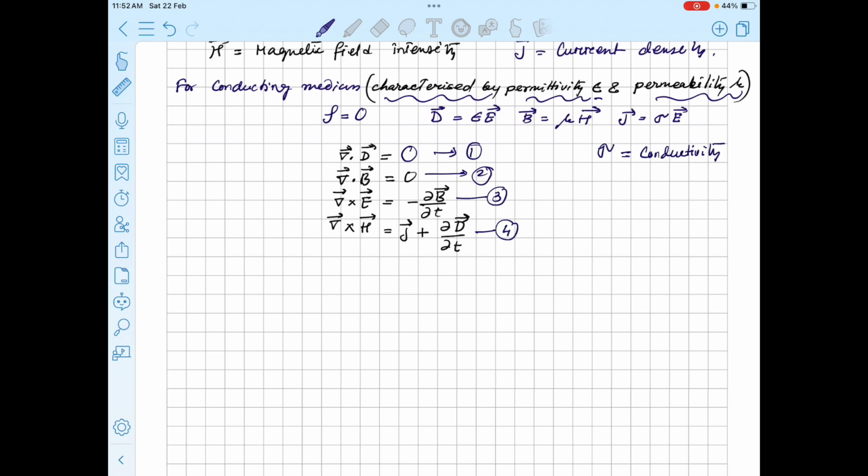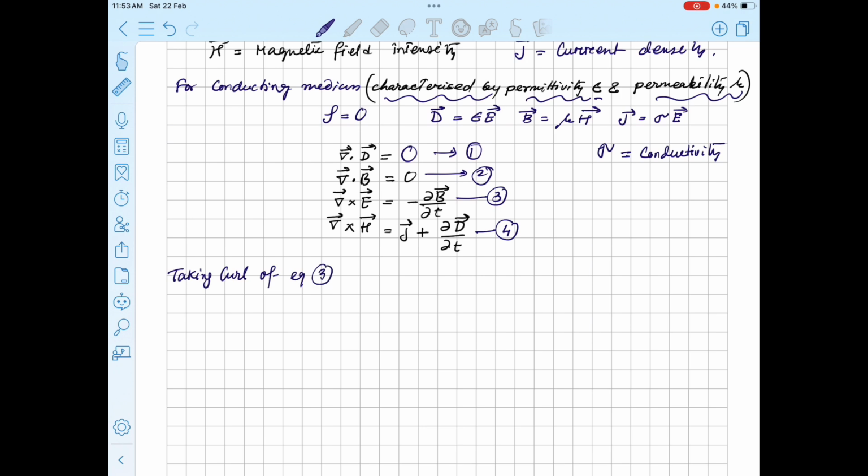Okay, sigma is conductivity, right? Now you see, what we're going to do is take the curl of equation number 3.